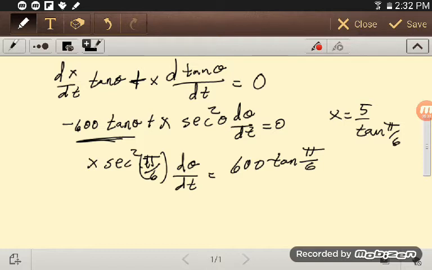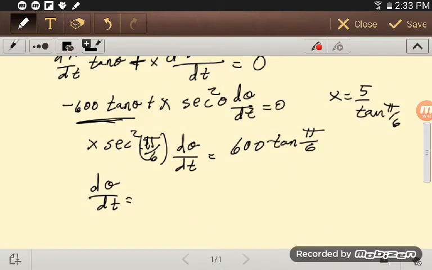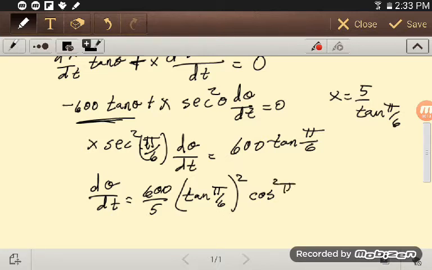And so we have d theta dt is equal to our 600 over 5, and we get tangent of pi over 6 quantity squared. And then we have the secant squared we divided by, but 1 over secant is cosine, so we have cosine squared of pi over 6.